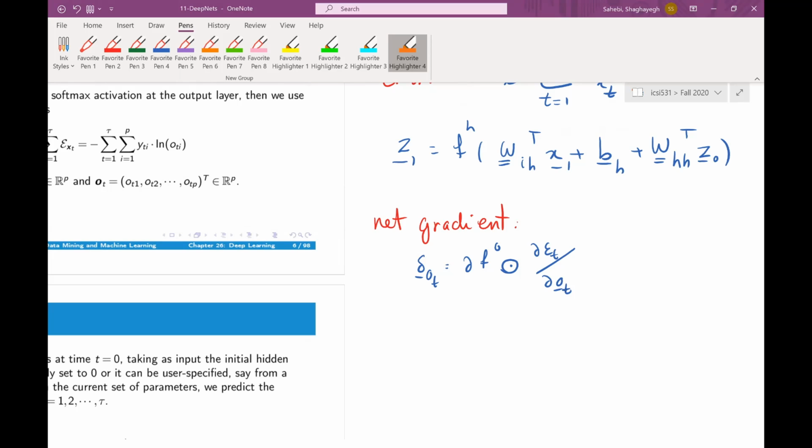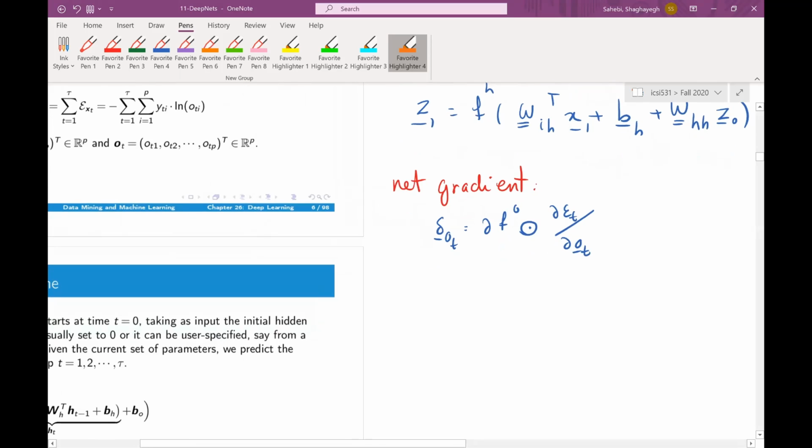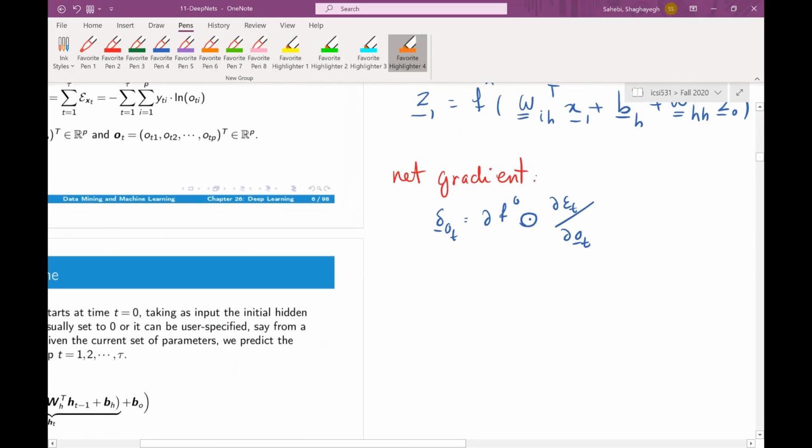But to calculate the net gradient for other layers, we have to do it in a reverse order. So we are going to start with tau and go to tau minus 1, to tau minus 2, etc., until 1.